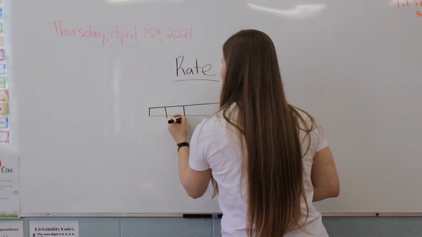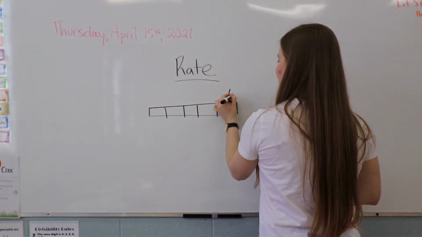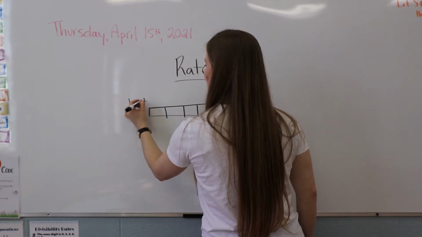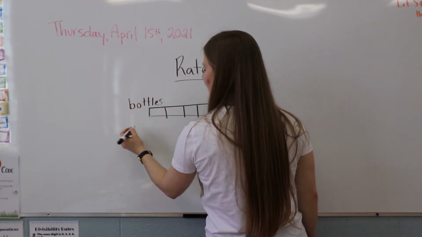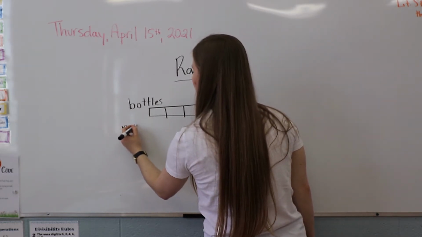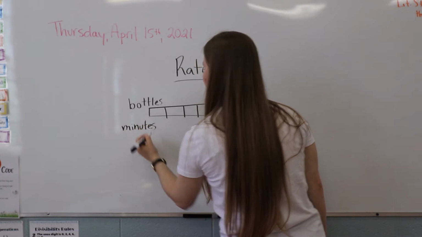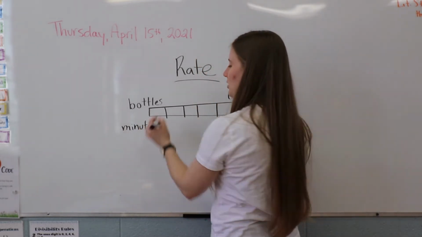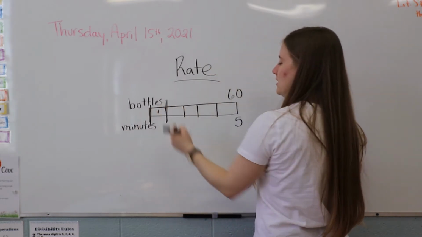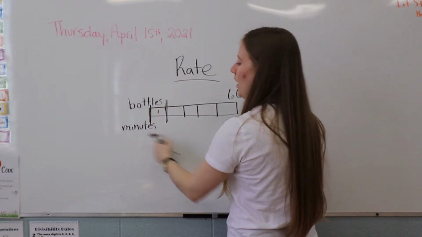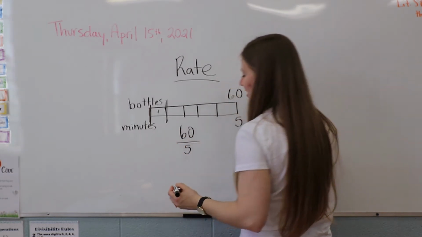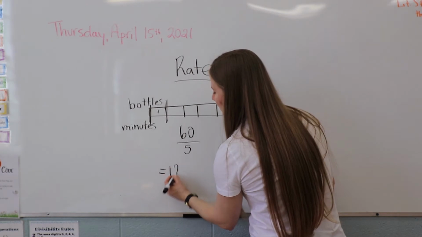Okay, we have our bar chart. And this time, our 60 represents bottles, because our 5 represents minutes. And again, what we're looking for is to find out how much 1 is worth. So this spot here. How many bottles will be filled in 1 minute, okay? And so of course, we're going back to division with 60 divided by 5, which we know is 12.